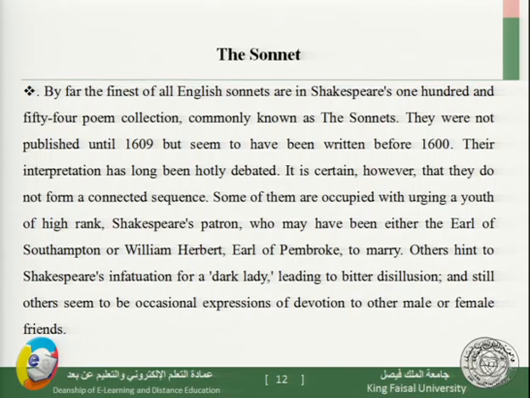By far the finest English sonnets are Shakespeare's, of course, a 154-poem collection commonly known simply as Shakespeare's sonnets. They were not published until 1609, but seem to have been written before 1600.